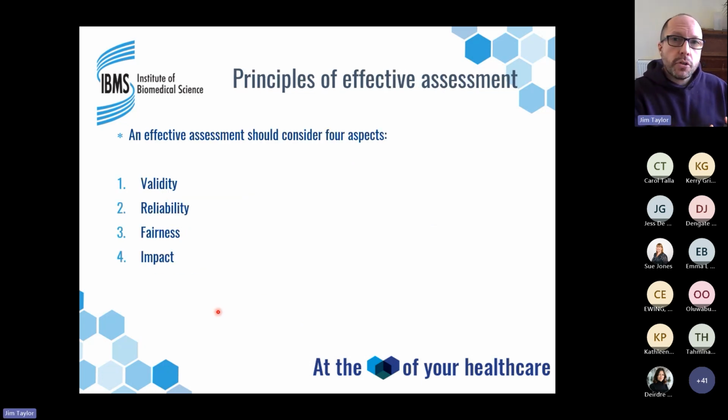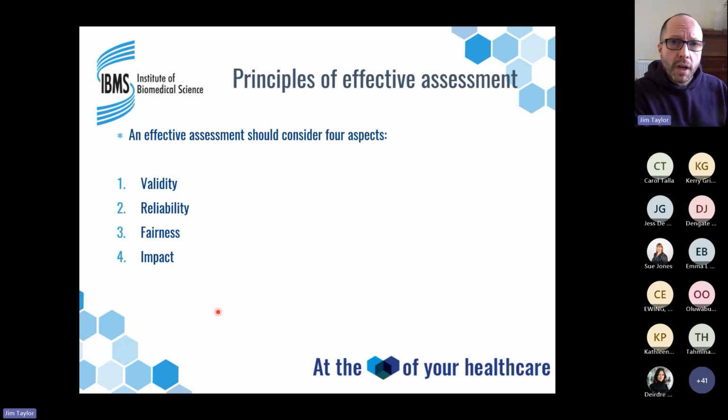When it comes to creating effective assessments, that assessment cycle is really good for us as trainers and educators and practitioners to make sure that we're doing that whole process of developing an idea, implementing the idea, and evaluating what comes out as a result of that.